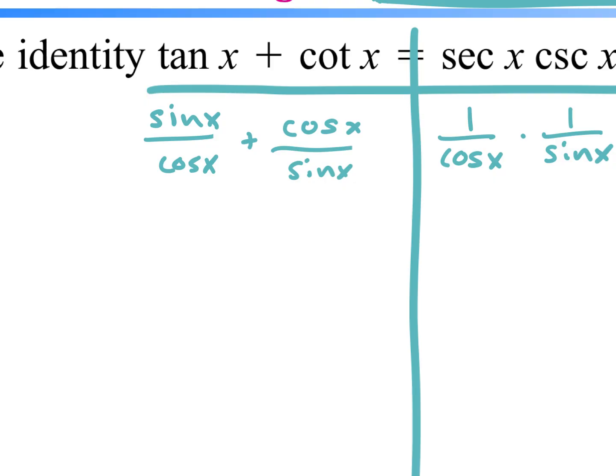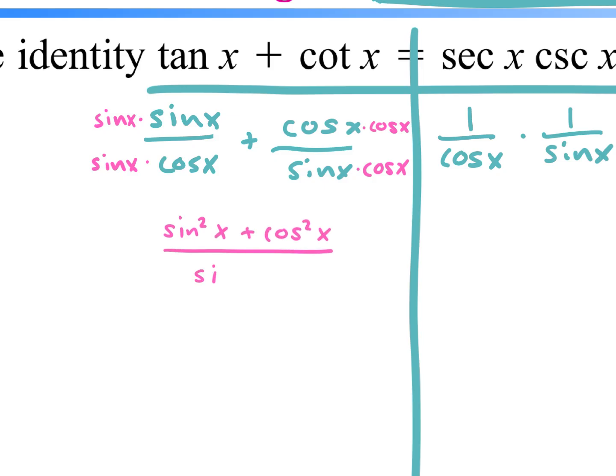So I can multiply the first one here by sine over sine. And then the second one by cosine over cosine. So up top, we have sine squared plus cosine squared over sine times cosine.